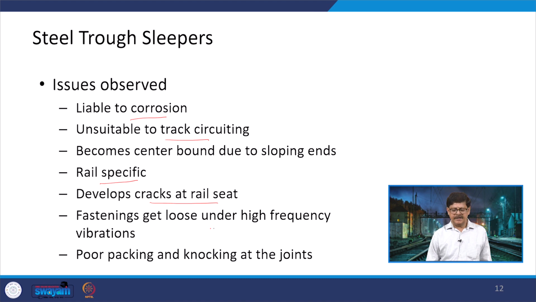And fastenings were getting loose under high frequency vibrations. That means if the speeds are very high, then vibrations are going to be there and the loosening of the fastenings will be there. And there was a problem with respect to the packing, and a problem with respect to the knocking at the joints, because there is an unsupported area. So, this unsupported area was creating a knocking sound. So, that was another thing.